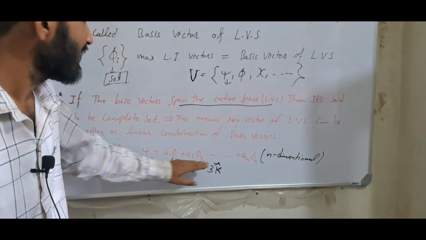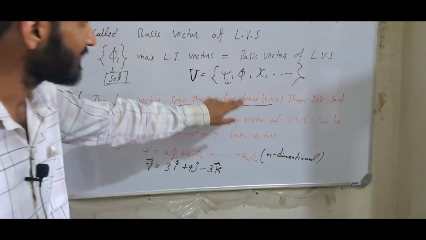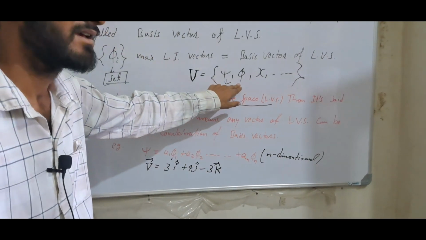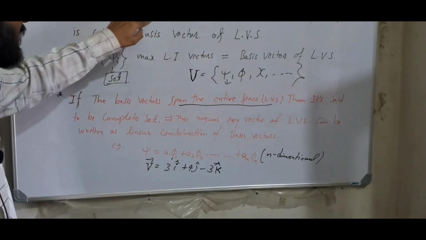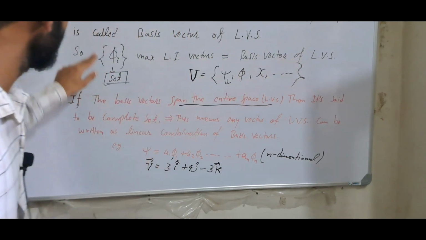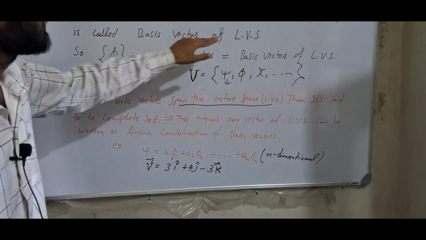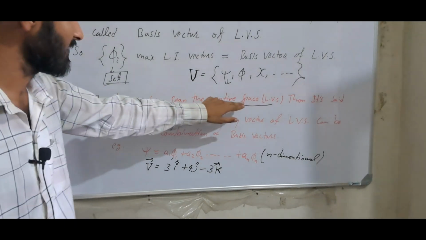So here it is written as n-dimensional, since there are n linearly independent vectors that belong to this vector space, satisfy the maximum number condition, belong to the LVS linear vector space, and span the entire space.